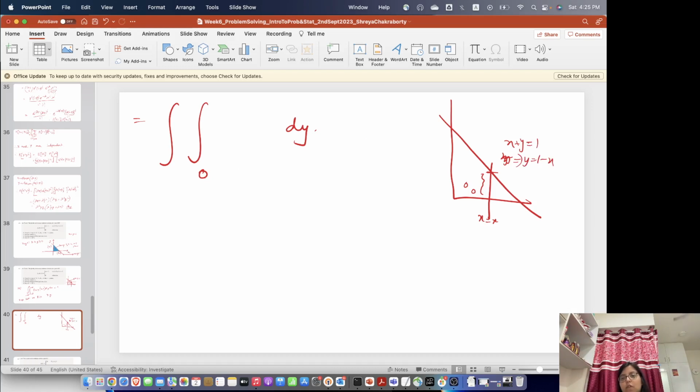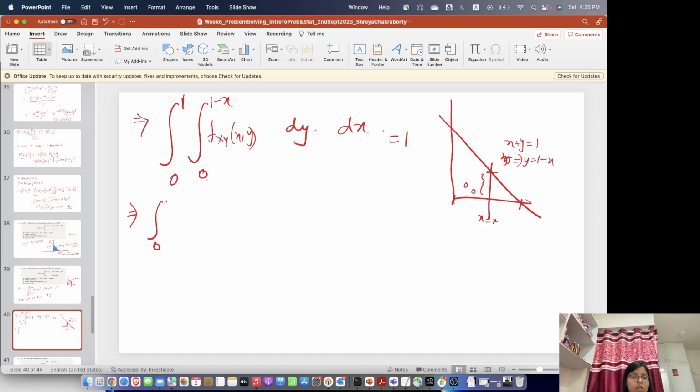So y can range from 0 to 1 minus x, integrating f_XY(x, y) dy, and then x can range from 0 to 1. This is the entire range of integration, so it should add up to 1.